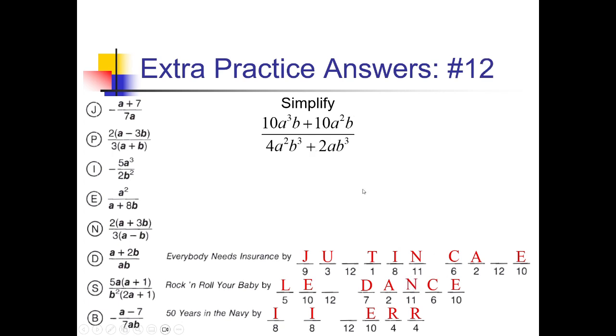Okay, here we go. Final problem. So let's start with common factors. For the numerator, definitely can take a 10 out. Can also take out an a squared and a b. So 10, a squared, also a b, leaves us with, I think, just a for that first term. And then this whole thing is that second term, so that's a +1 there.